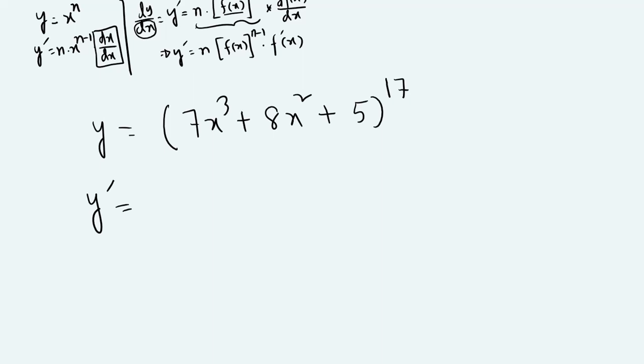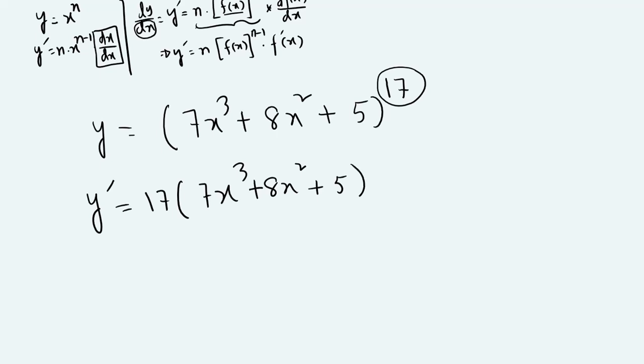So what is that? This power term n, which is 17 here, becomes 17 times (7x cubed plus 8x squared plus 5) to the power 17 minus 1, which is 16, times the derivative of the within-bracket term, which is 7x cubed plus 8x squared plus 5.